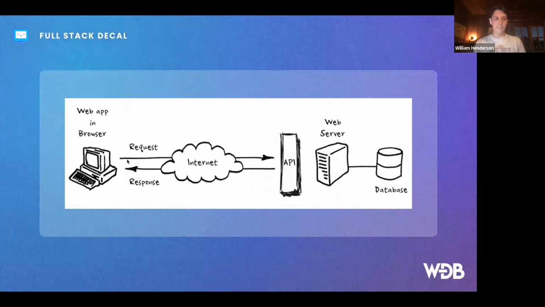So this is you going on your computer, and if you wanted to go to a website, you would make an HTTP request to the website. It would go across the internet, hit the web server's API, which would then take that request, format the HTML that you want to see, the CSS and JavaScript, and then send that back in an HTTP response.